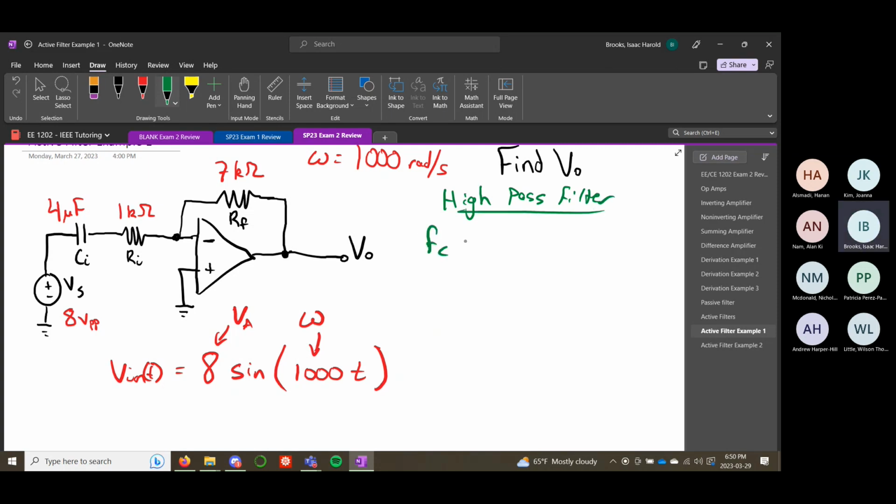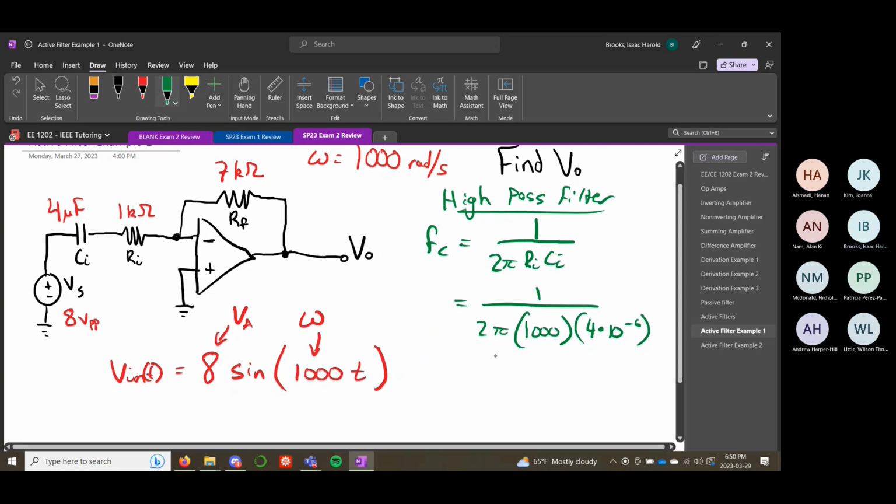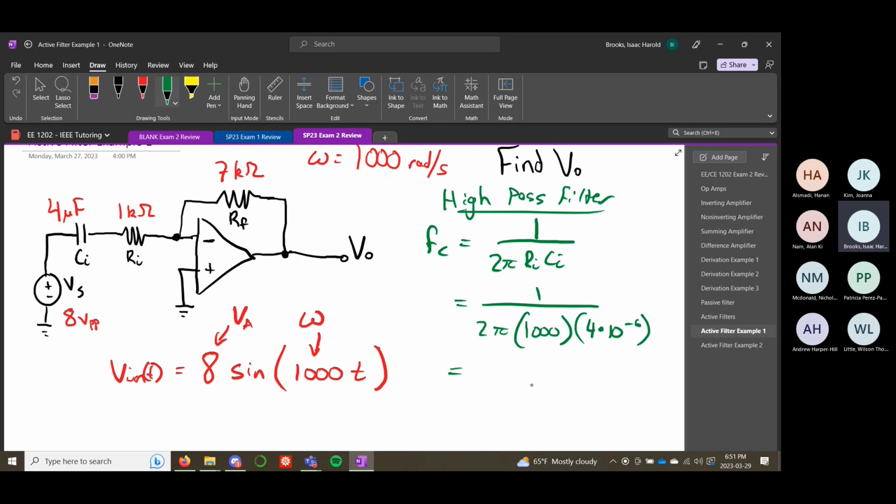So our cutoff frequency is going to be 1 over 2 pi times Ri Ci, which is 1 over 2 pi times Ri, 1 kilo ohm, and Ci, 4 microfarads. 4 micro is 10 to what power? Negative 6. So we get our cutoff frequency. This will tell us whether we're operating inside or outside of the passband.